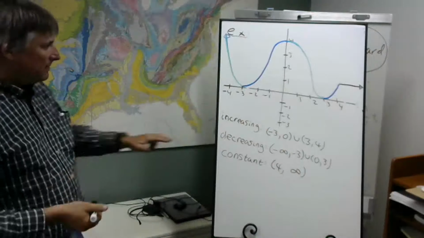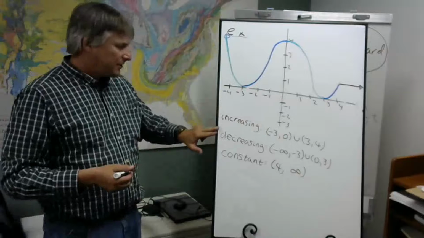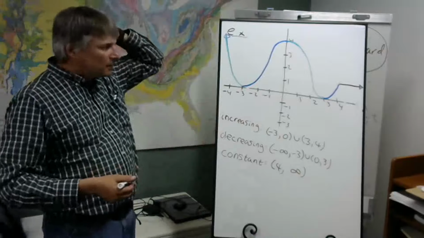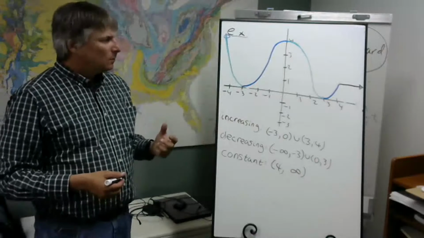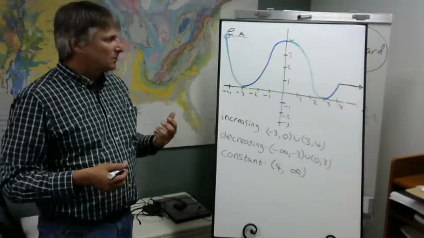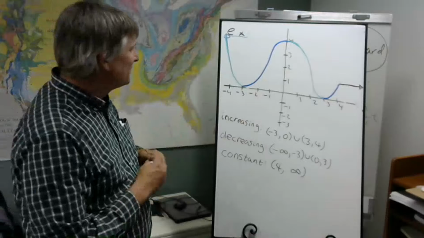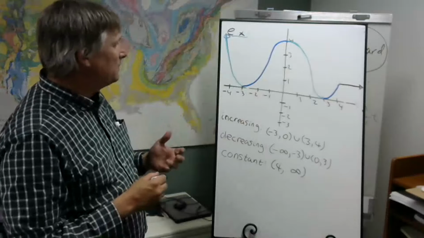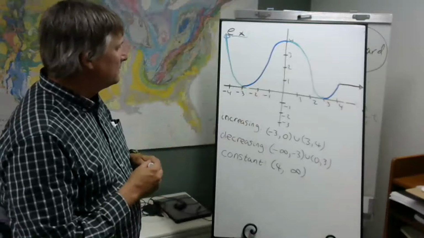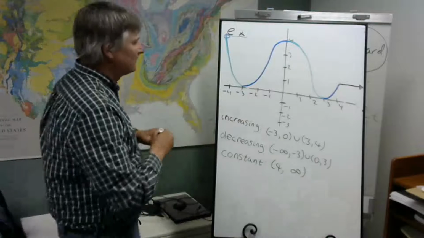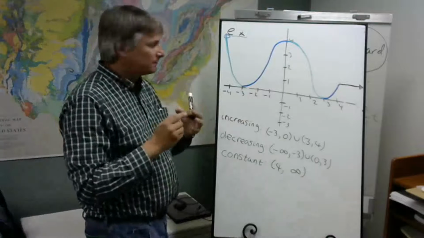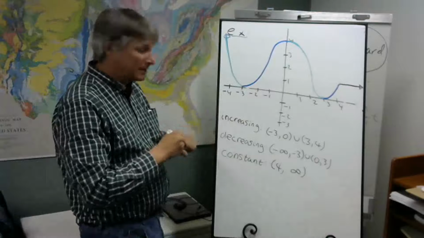So now we have an idea of where it's increasing, where it's decreasing, where it's constant. Now, what about, say, our relative max or relative min? Well, typically what we do is we can say we have a trough, we have a relative min.